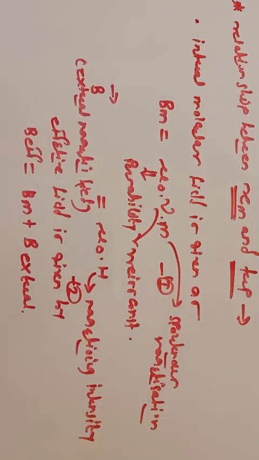So it is a combination. B effective, the overall magnetic field, is Bm plus B external.